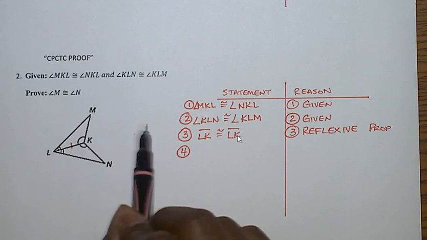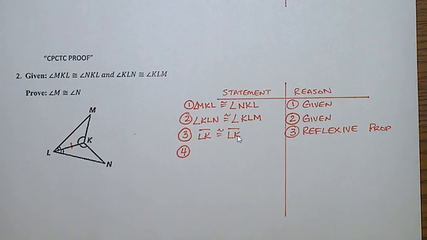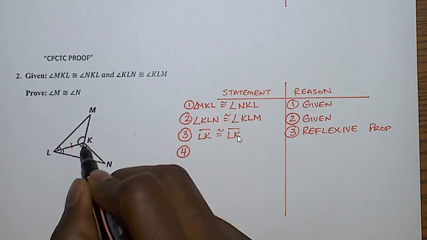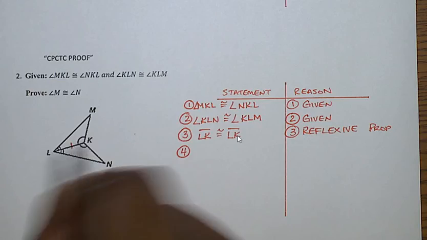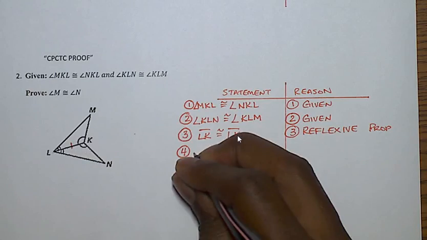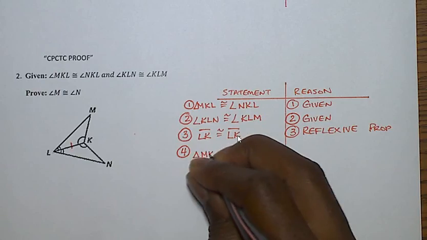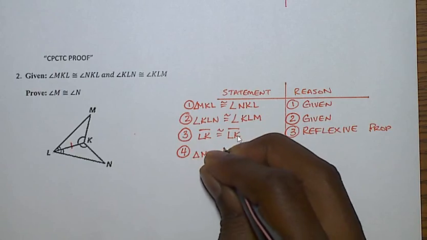Let's look at it. This is how I like to do it. I'll go from something that's not marked to one arc to two arcs. So I have triangle MKL. That was the pattern I used: not marked, to one mark, to two marks.